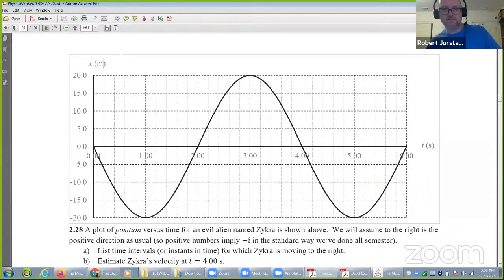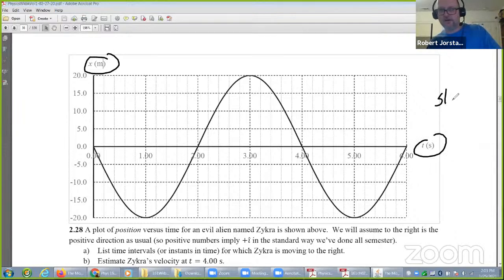That says, oh, slope relates to velocity. So I go back into there. Once I identify this as an XT plot, I know that slope equals velocity. And that is what gets me rolling.